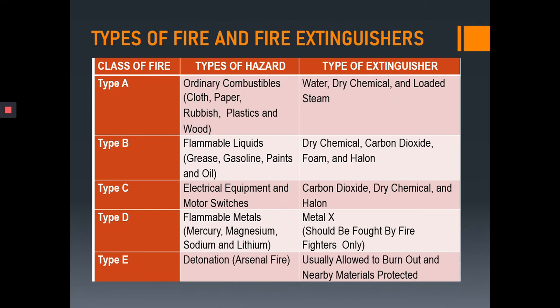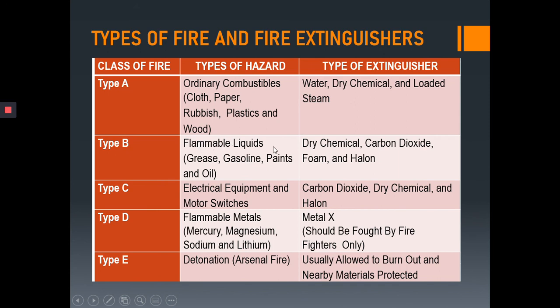And then we also have types of fire and fire extinguisher. So we have types A, B, C, D, and E. I want you to familiarize this table. It's very easy because for type A, these are ordinary combustibles like cloth, paper, rubbish, plastics, and woods. And then type B, we have flammable liquids. This is very easy to remember because when we say type B and when we say liquid, in vernacular, it's basa.